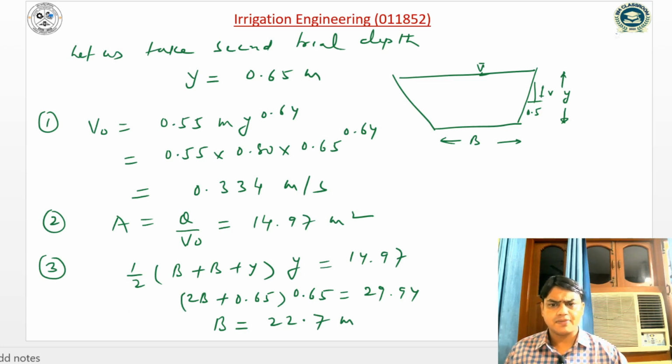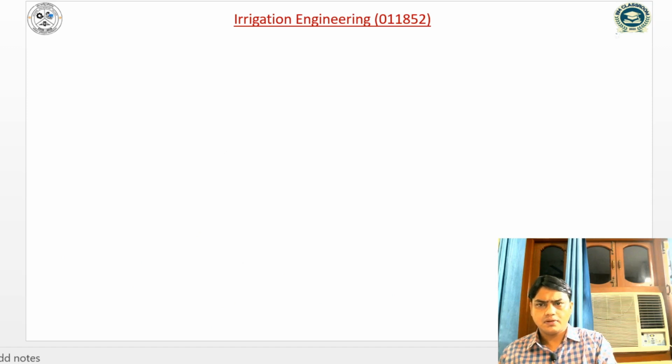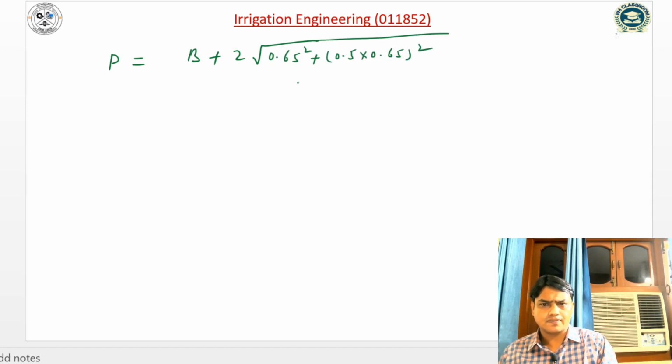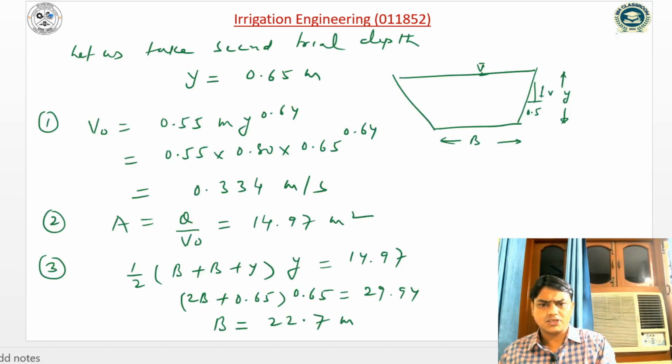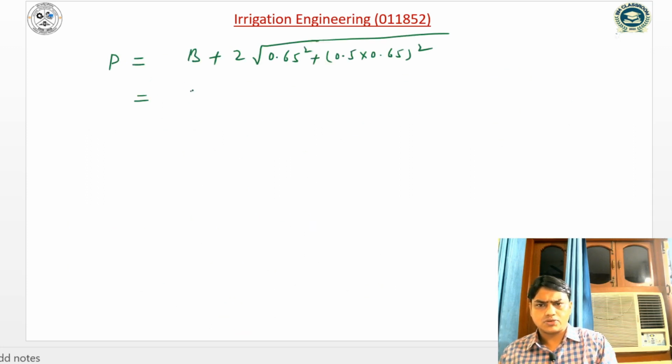So perimeter can be computed as perimeter is equal to B plus 2 times square root of 0.65 square plus 0.5 into 0.65 square. So B is 22.7, so 22.7 plus 0.5 into 0.65, so it is 0.325.